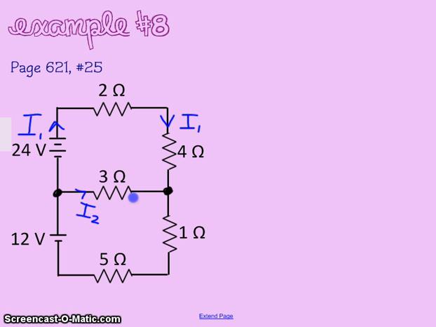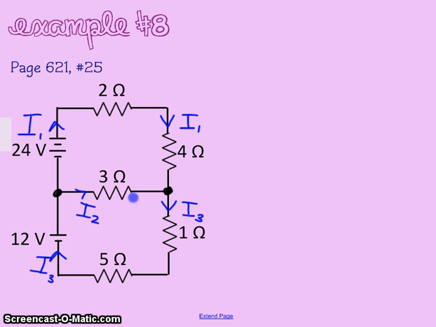Again, I'm randomly choosing these directions. There's not really a whole lot of rhyme or reason to it. And I'm going to say that I3, in the bottom portion, goes downward here, which means that over through here it would be going upward. So that's the first task, drawing those currents.